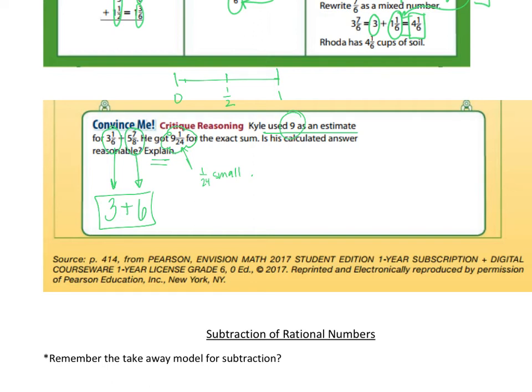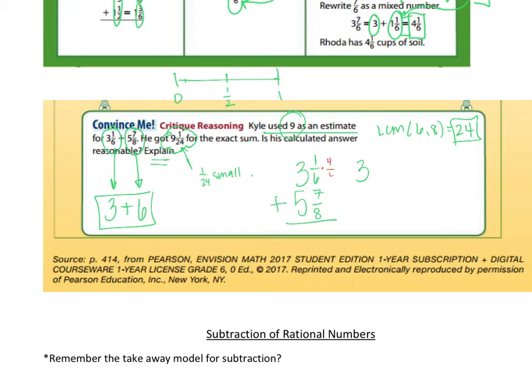Let's see what happens. So I have 3 1/6 plus, I'll line it up like they did right up above, 5 7/8. And so we could rewrite this with a common denominator. So 6 and 8, the LCM of 6 and 8 is going to be 24. You could verify that. So I need to multiply this fraction.